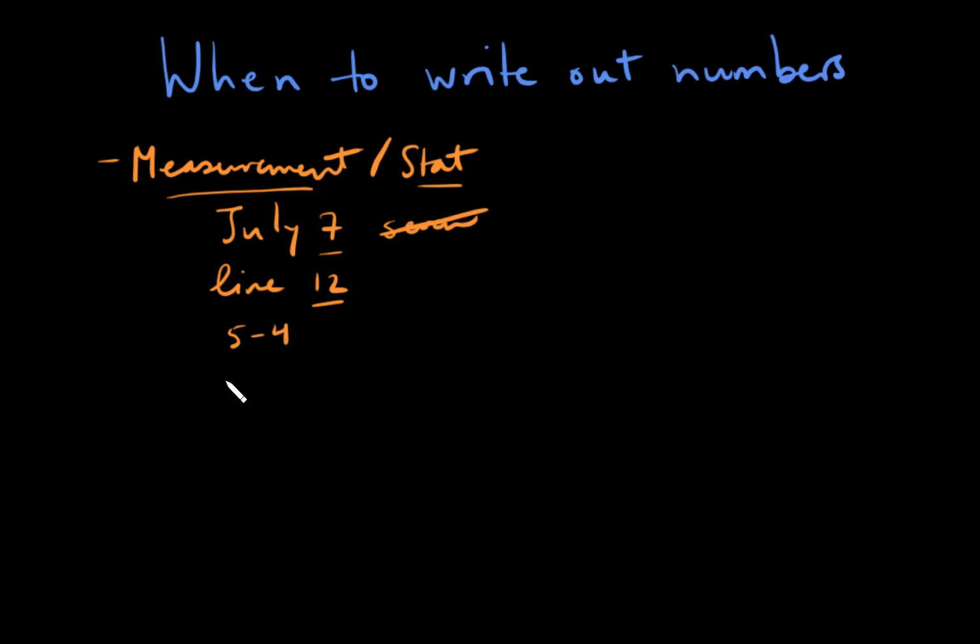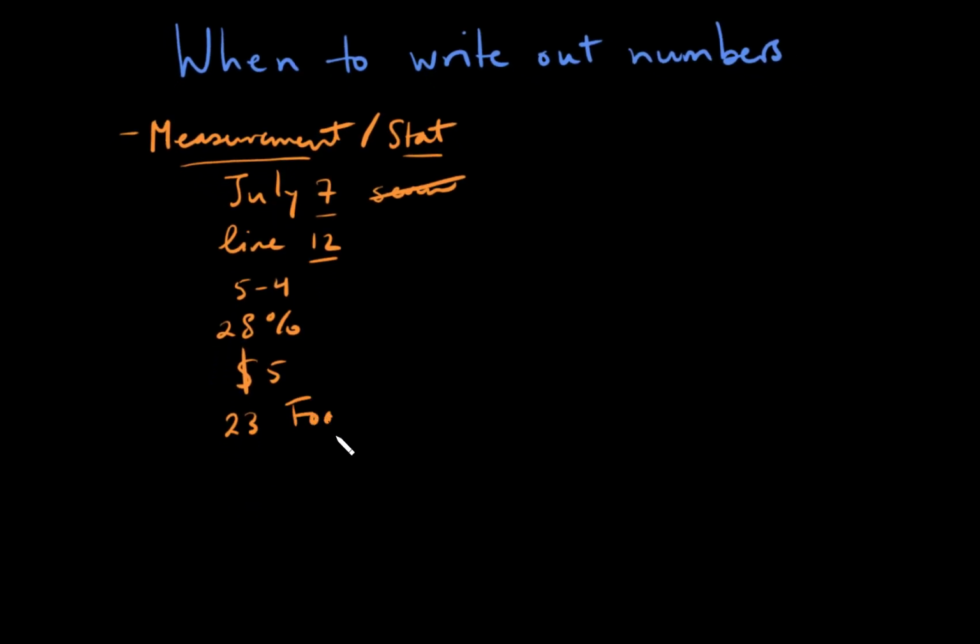Statistics, 28% of people said this or that. Money, let's say something costs $5. Addresses, let's say you live on 23 Foggy Bottom Road. You can just leave it in numeric form.